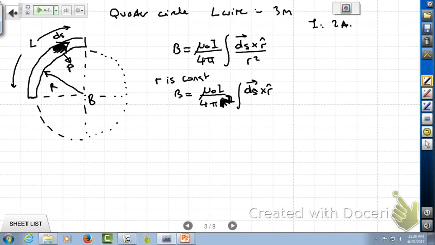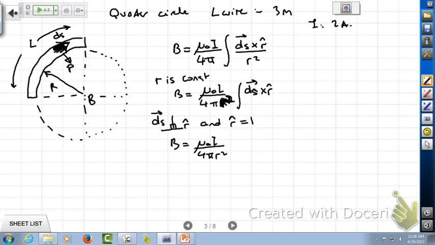And I say, but you know, ds is perpendicular to r hat, and r hat has a magnitude equal to 1.